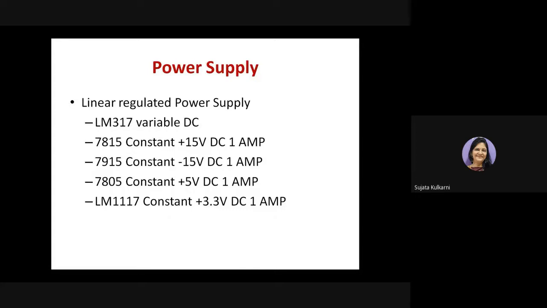And then we proposed components like LM317 for variable DC, 7815 for plus 15 volts, 7915 for minus 15 volts, 7805 for plus 5 volts, and LM1117 3.3 to generate 3.3 volts DC. All these regulators will give you a constant voltage, and the current carrying capacity, that's the load, is 1 ampere.